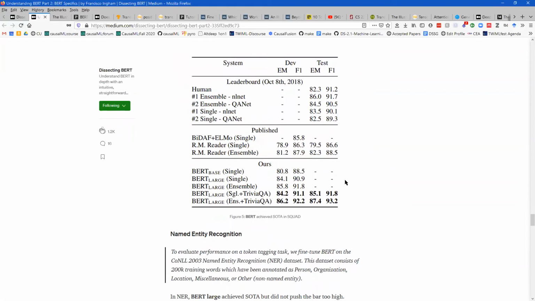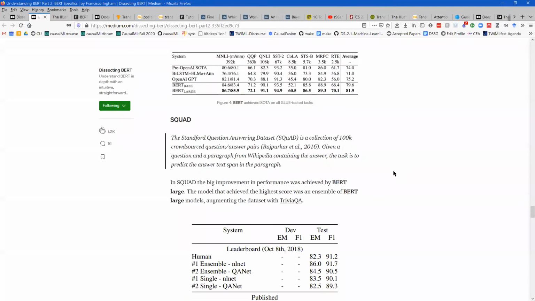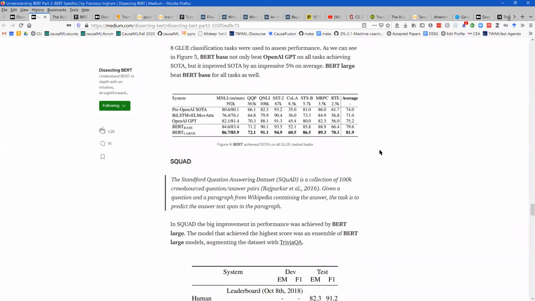And in the SQuAD task, we have, let's see, BERT base. Do we have a comparison with? I think interestingly, one of the tasks, if you go up a little bit, Joseph, is the Quora question pairs, the QQP.